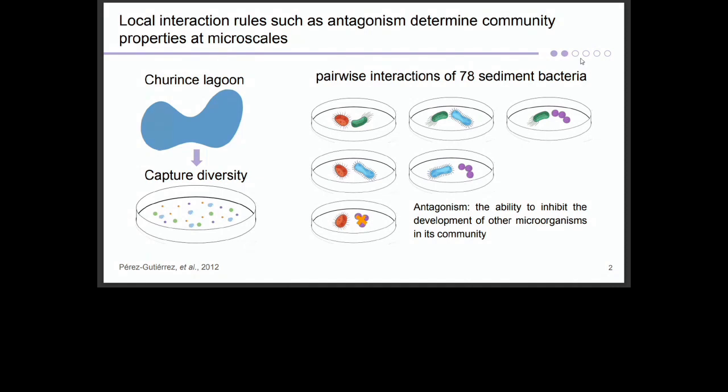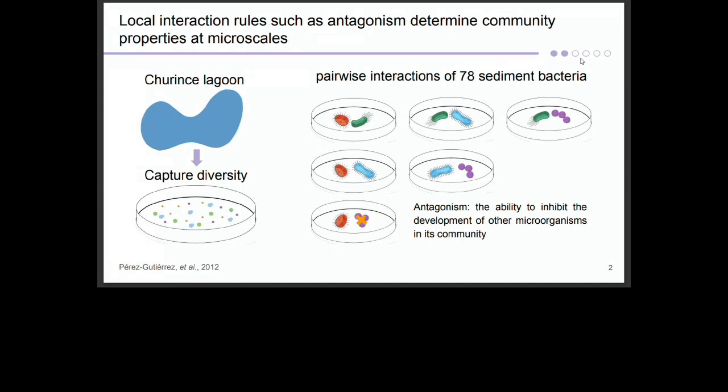Also, she took information about this particular interaction, that is antagonism. Antagonism is defined as the ability to inhibit the development of other microorganisms in its community. You can see in the example at the bottom, the orange species is not allowing the purple one to grow.